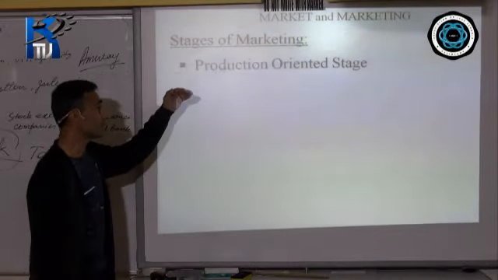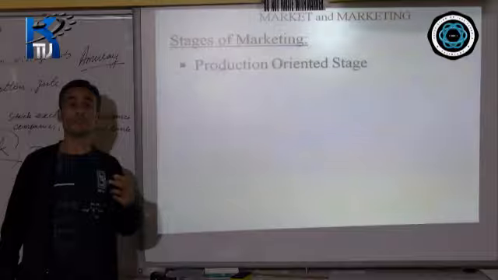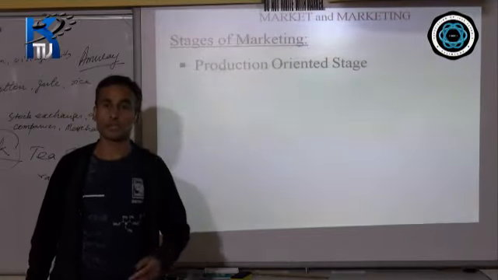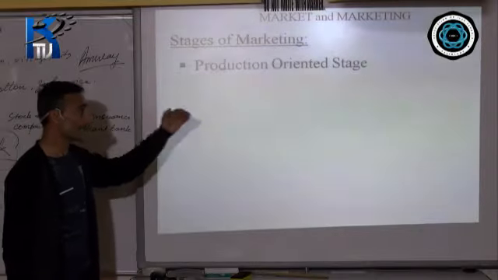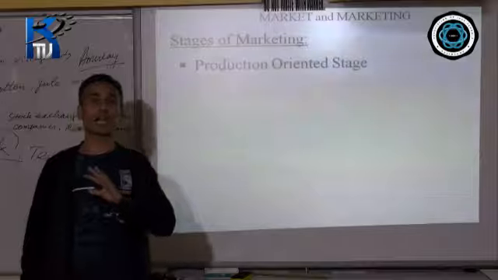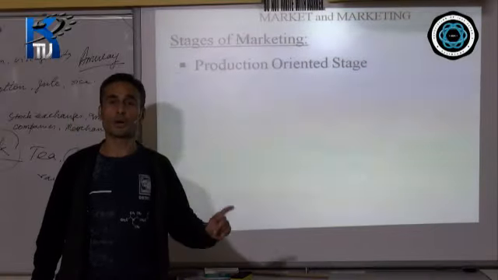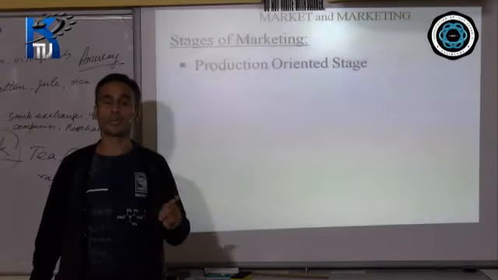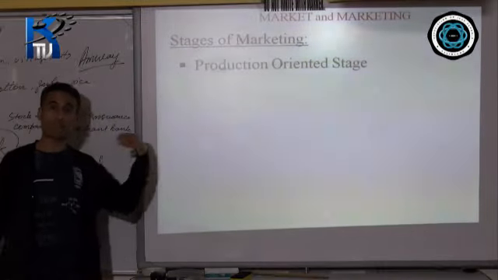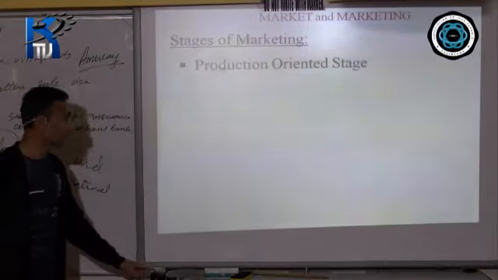It was the belief then because there were very few producers and limited products were available. Demand exceeded the supply, so the buyers had no choice than to buy whatever was available to them. But again, as time passed by, behavior changed.